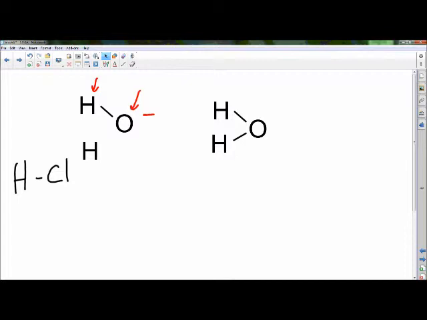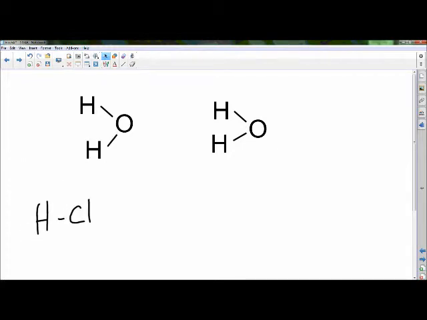Now, a base is pretty much just the opposite. Let's put this stuff back here. A base is anything that can take on an extra hydrogen. Let's say we do put this hydrochloric acid into a solution with water molecules. This hydrogen over here of the hydrochloric acid is going to dissociate, so we'll be left with an H plus and a Cl minus.